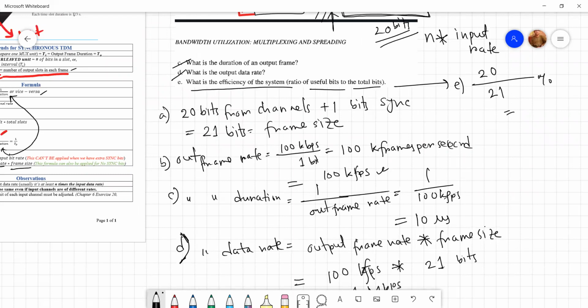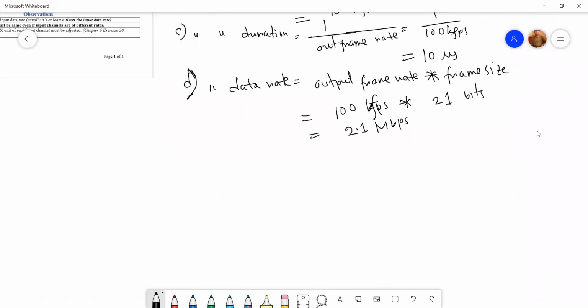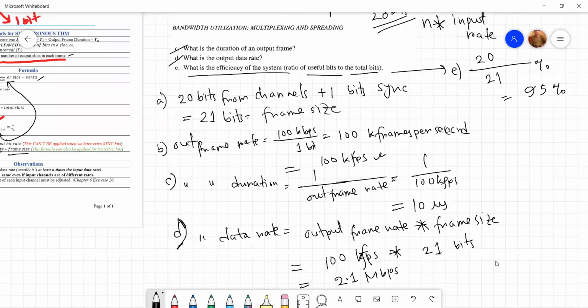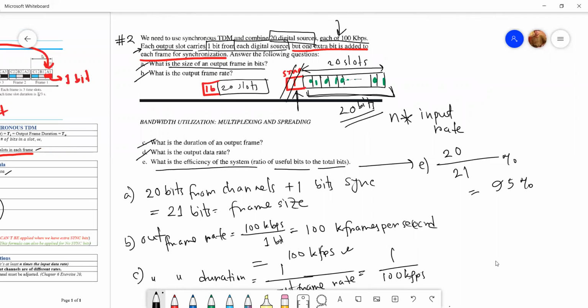If you do the percentage, you will find that this is 95% usefulness, because the 5% is being used for the synchronization part. If you didn't use the synchronization bit, and your slot was 20 bits, all carrying one bit from each of the channels, then your useful bits would be 20 and your total bits also 20, so you could expect 100% efficiency.